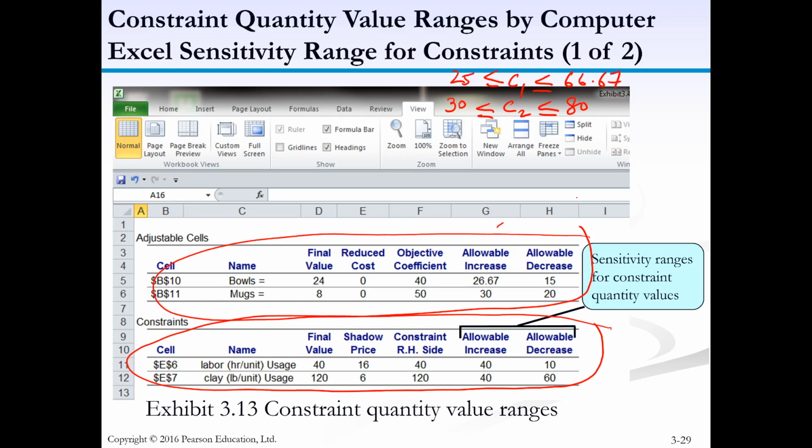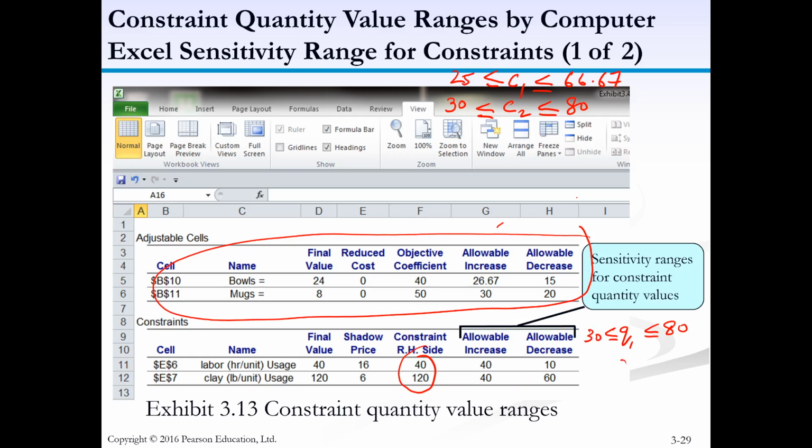In the second table, we have the right hand side quantities. The right hand side quantities are 40 and 120, and the allowable increase and decrease are given. We can see that we can increase Q1 from 40 to 80, and on the lower side, 40 minus 10 is 30.